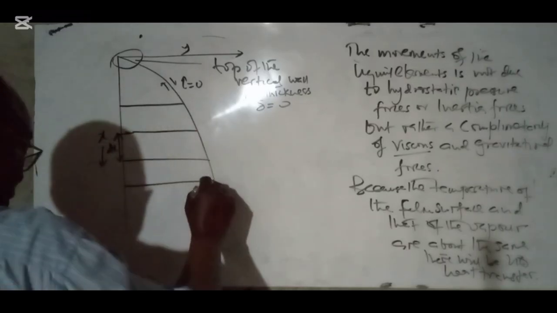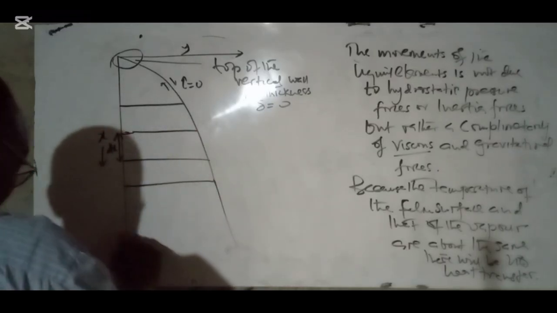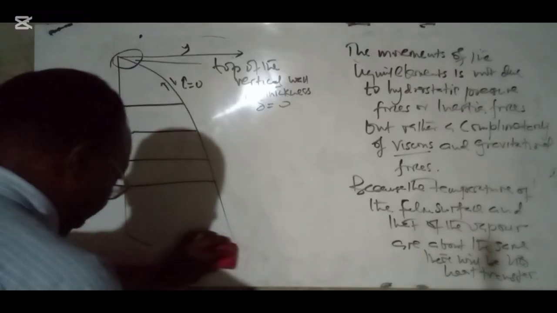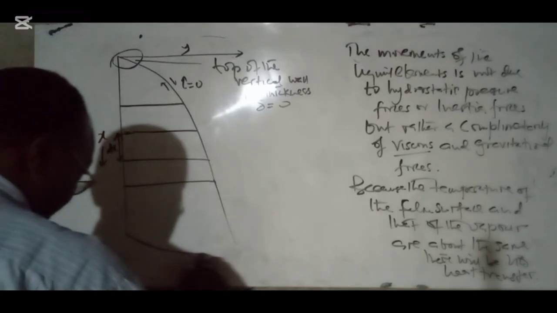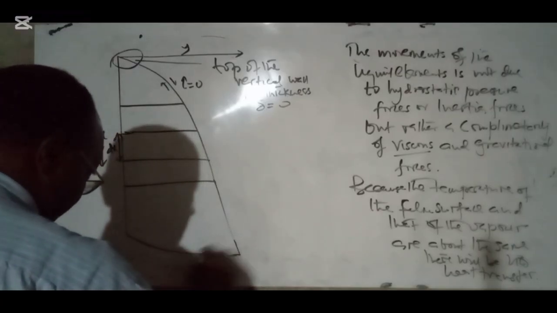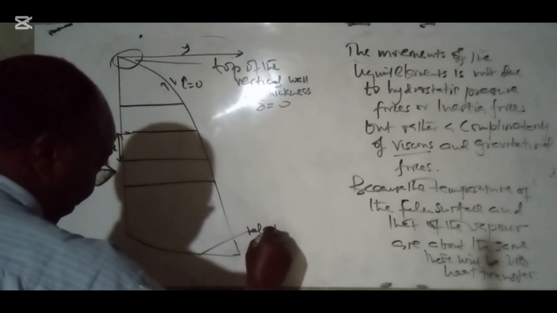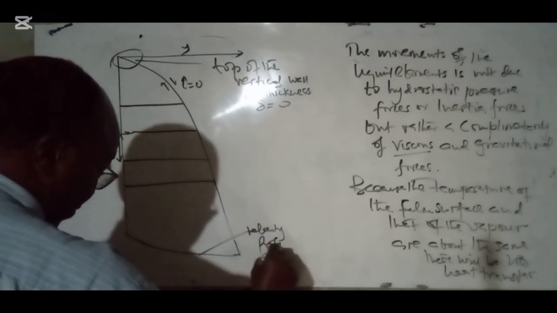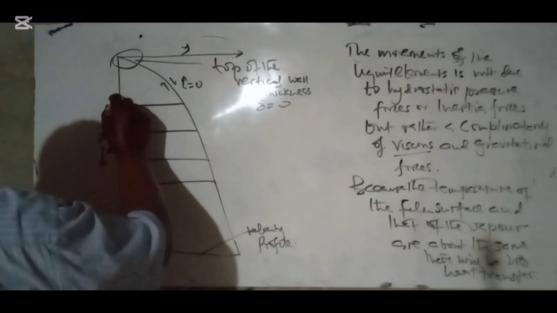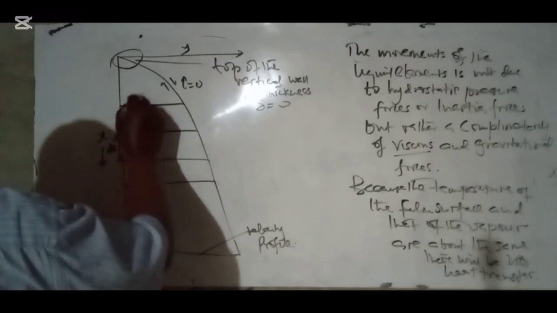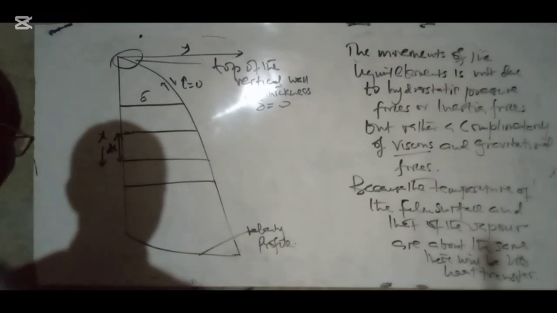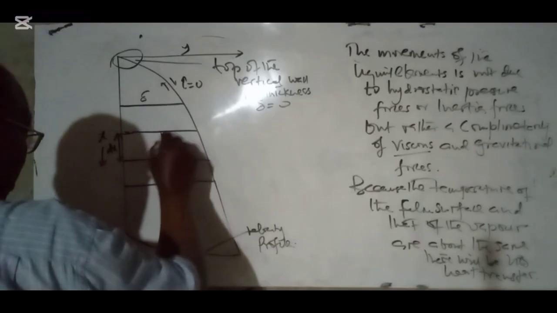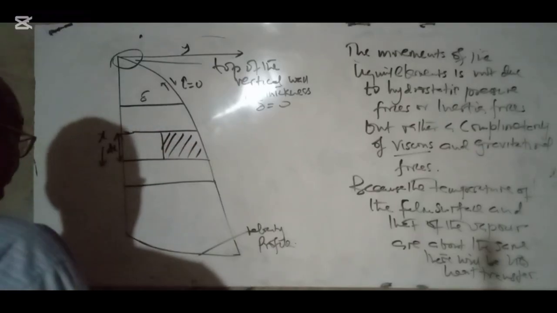and of course, let's say this is our velocity profile, and the thickness here, let's say, is sigma. The thickness is sigma. So we are looking at this element there.